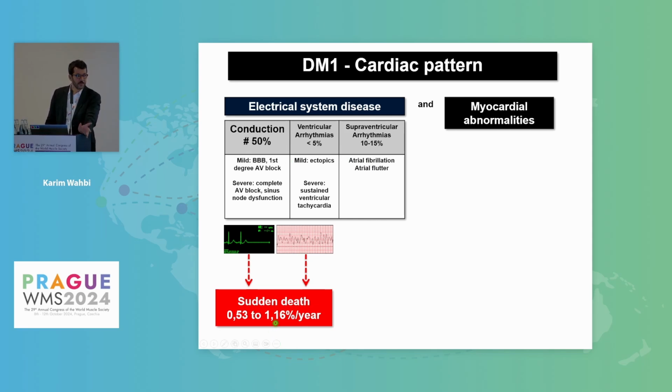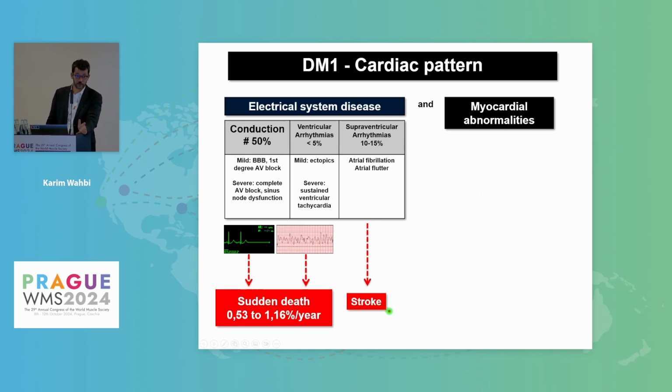The annual incidence of sudden death prior to all the prevention measures we currently use was probably 3 to 4% every year. Currently, the most recent data suggests that the rate with prevention is between 0.5 and 1.2 or 1.5% every year.